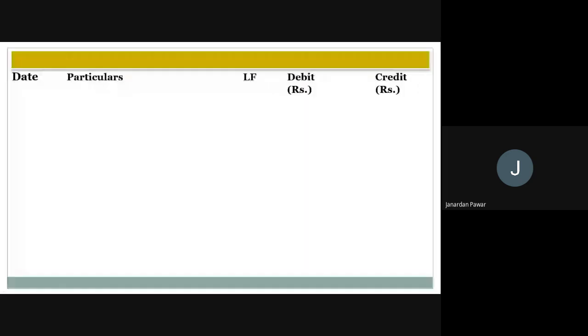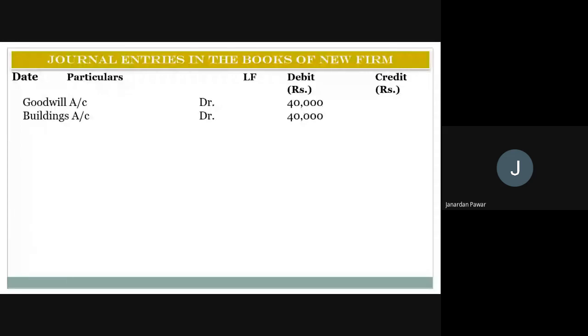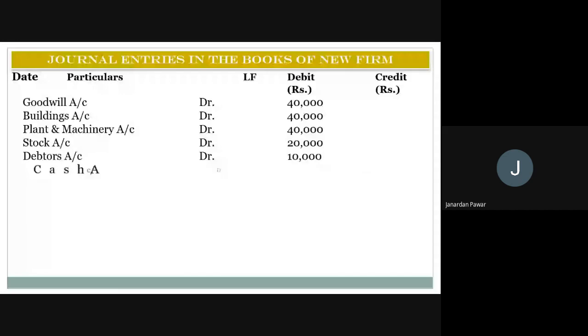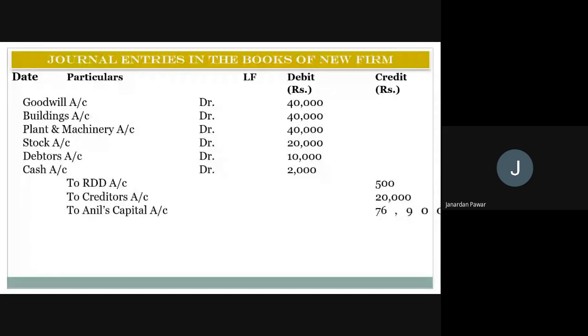So first we have to prepare the journal entry for assets and liabilities taken over of the first firm, that is goodwill account debit rupees 40,000, then building account rupees 40,000, then plant and machinery account 40,000, then stock account rupees 20,000, then debtors account rupees 10,000, then cash account rupees 2,000, to RDD account 500, to creditors account rupees 20,000, to Anil's capital rupees 76,900, and to Sunil's capital rupees 54,600.